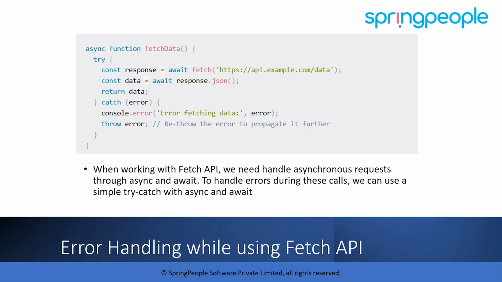Because this is a problem with async and await, it's asynchronous, we need to figure out a way to work with it. One way to work with it is to handle it with a try and a catch, as you see here. If there is an error which gets thrown, we capture the error through our simple console. This is one way.